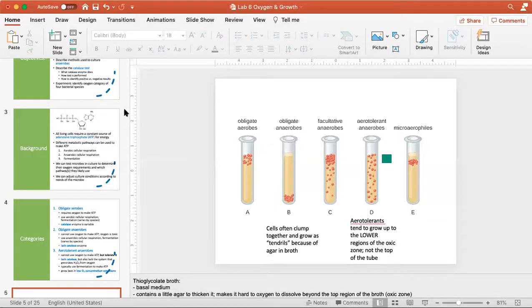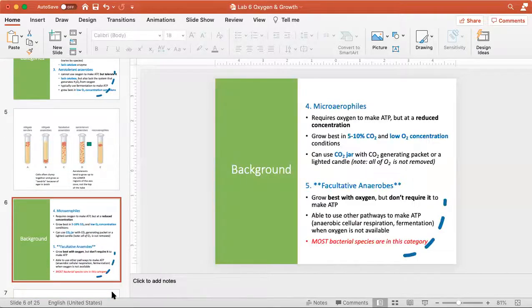All right, let's look at the other two categories for a minute. Number 4 is called a microaerophile. This is an organism that does require oxygen to make ATP, but it can only have it at lower levels, at reduced levels. So like an obligate aerobe, it uses oxygen to make ATP. It has to have oxygen.